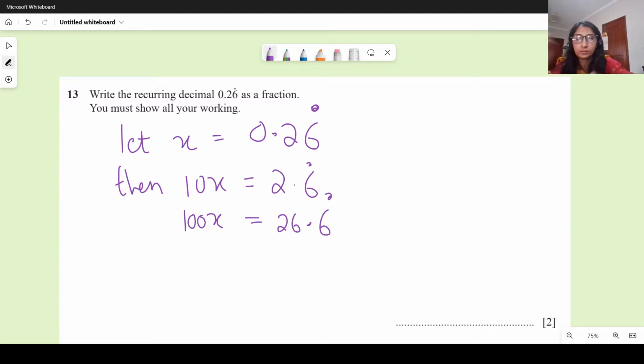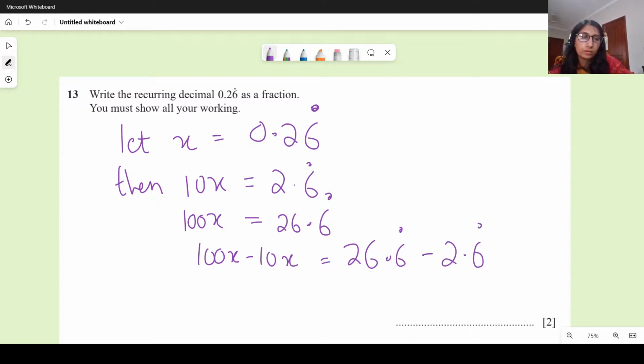So if now I subtract 100x minus 10x, I can get rid of the recurring values after the decimal. So that just gives me 24 and 90x over here. So x equals 24 over 90, and this simplified is 4 over 15.